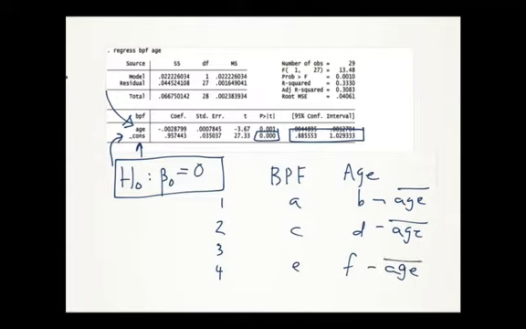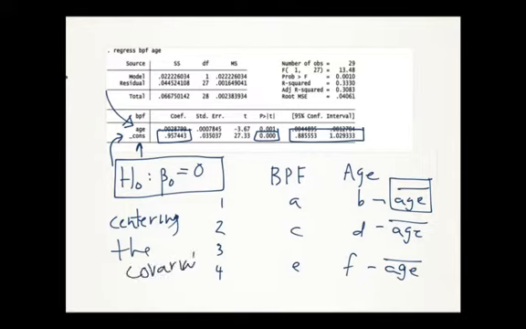In that case, this constant, instead of having the interpretation as the mean BPF when age is equal to 0, would have the interpretation as the mean BPF when age is equal to whatever the mean value of age is in this data set. That's a more helpful interpretation, which some people prefer. That's called centering the covariate, which is when you subtract its mean.